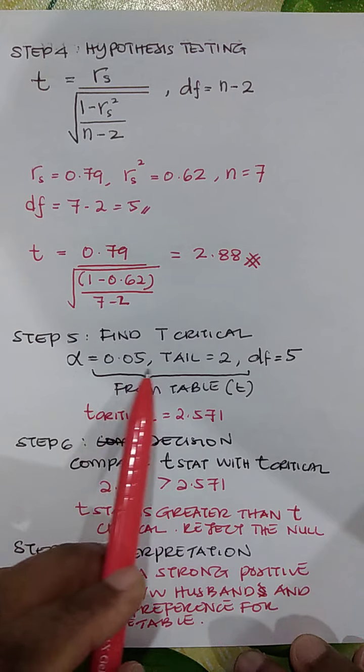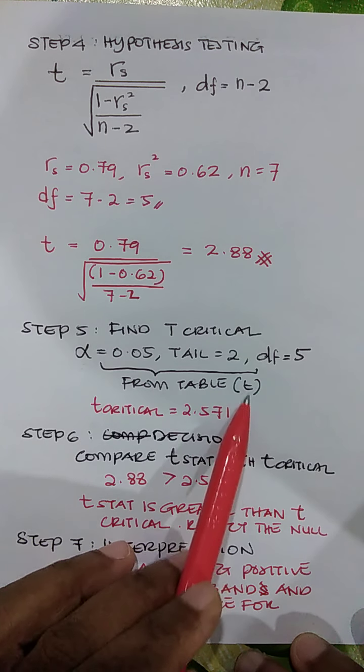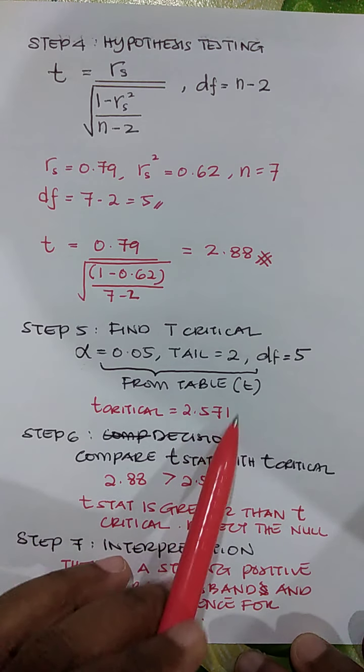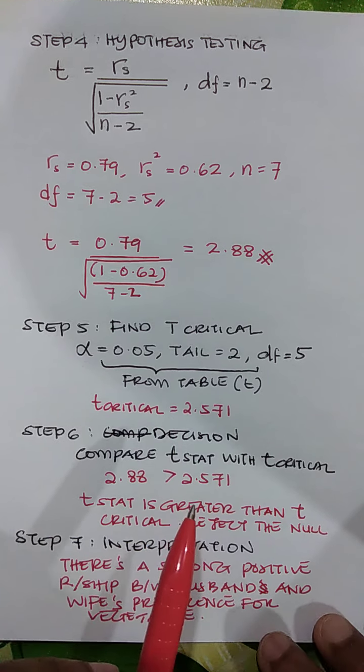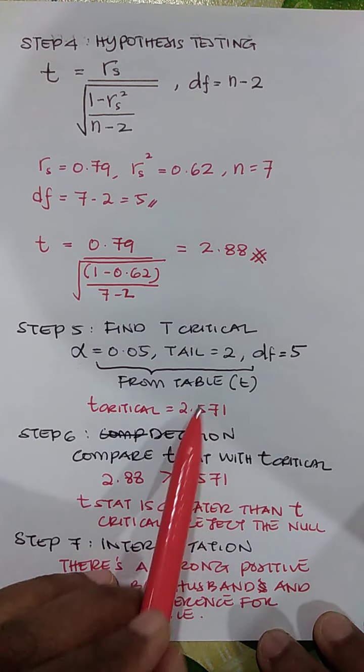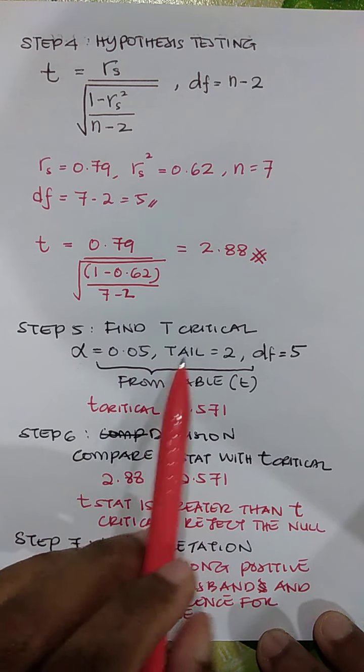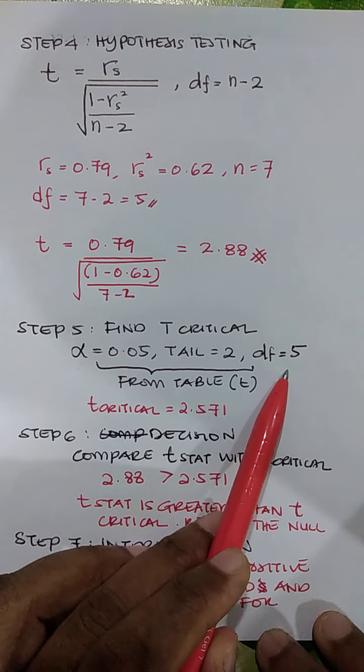Using this information, you go to the t table and find the t critical. The t critical is 2.571 for alpha 0.05, 2 tails, with degrees of freedom of 5.